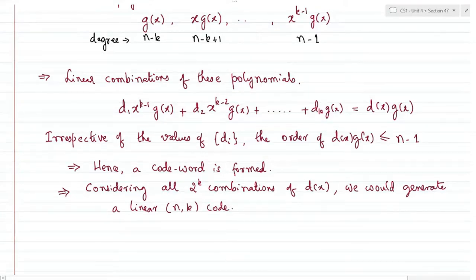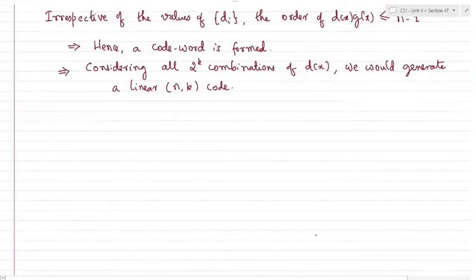This is a linear code, that's fine, because you have taken linear combinations of the generator polynomial g of x and the data vector which is d of x. But how to prove that this is cyclic?